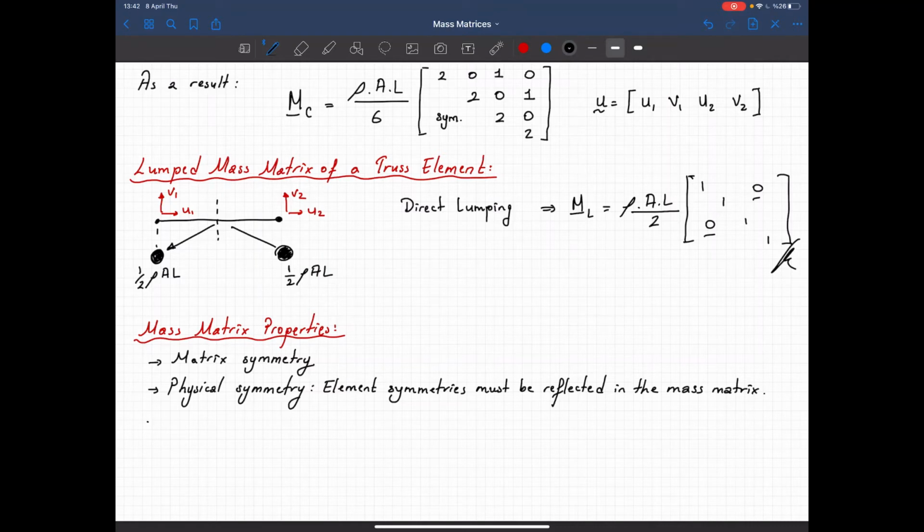So the other property is conservation. The first thing that you should conserve is the mass. The total mass of the element must be conserved, must be preserved.